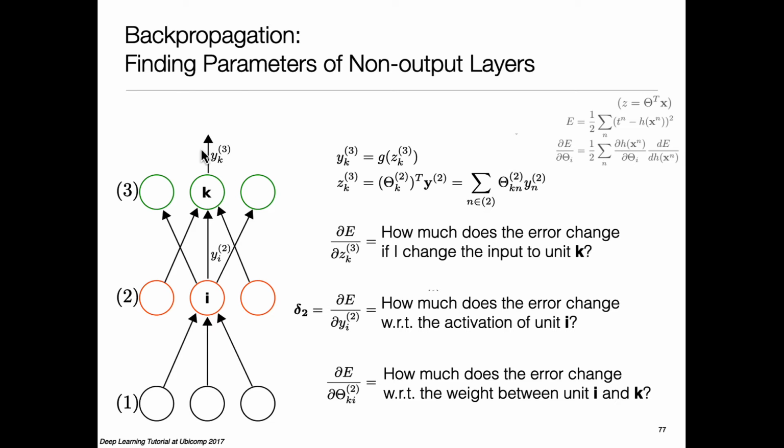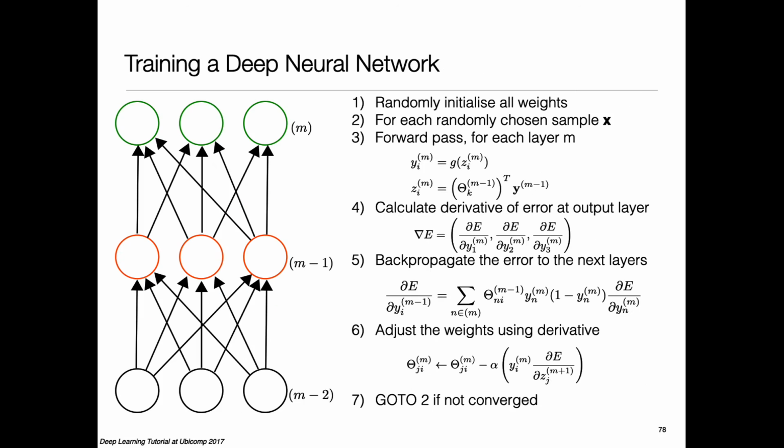I first compute the derivative of E with respect to the parameters in the last layer. Then I take those values and compute it with respect to the preceding layer, and so on and so forth. So that's what the training algorithm looks like. We do a forward pass, we calculate the derivative of error at the output layer, and then we go backward, from the last layer to the input, computing the derivatives with respect to all the weights, all the parameters that we have.